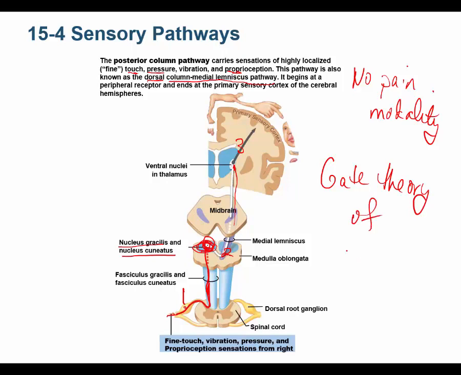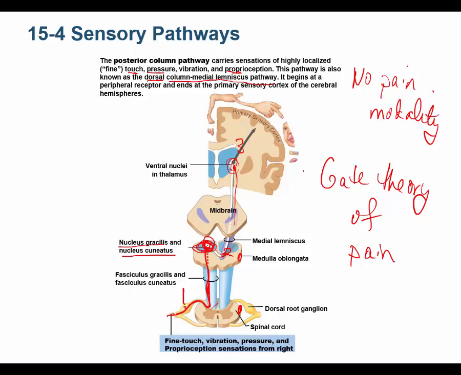A lot of data supports this. And what happens is, if you send a lot of signals up this dorsal column medial lemniscus pathway, and meanwhile, in this lateral spinothalamic pathway, you have pain information coming up through, well, they all converge at the thalamus, right?